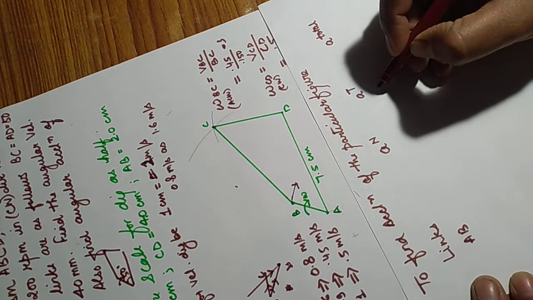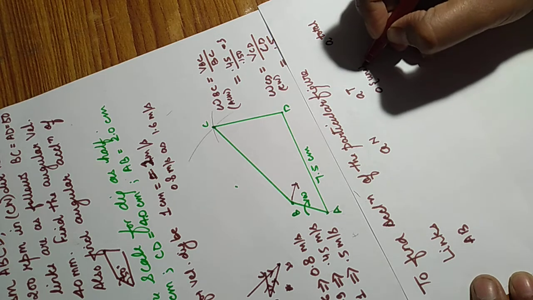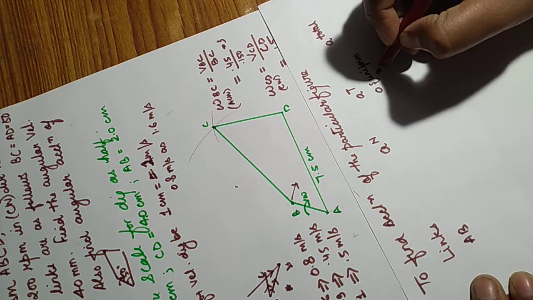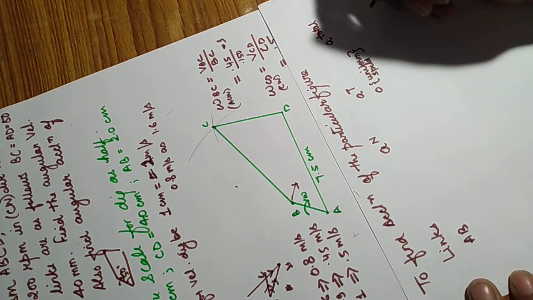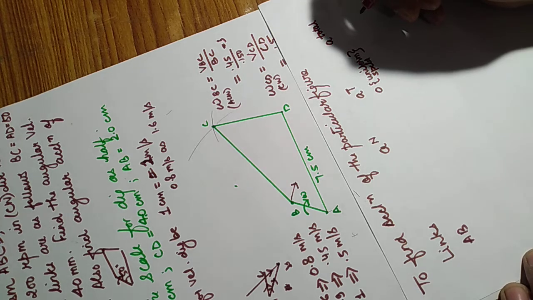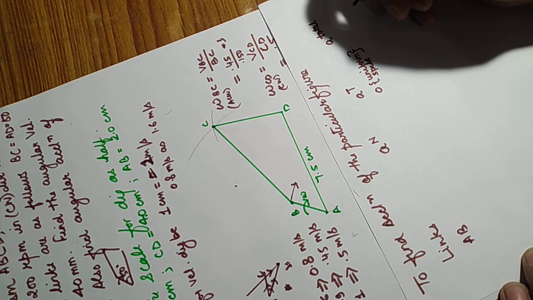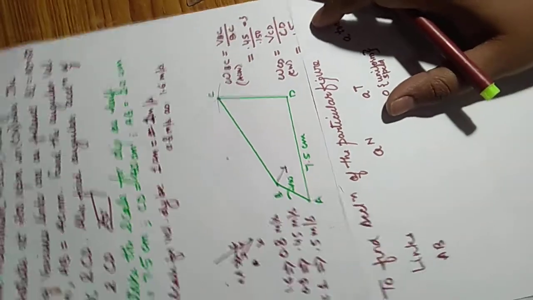So the tangential component will be 0. The reason is uniform speed. If it is not the case, then we will be provided with the angular acceleration for the particular diagram. Since it is not given, it is assumed that it moves with a uniform angular speed.